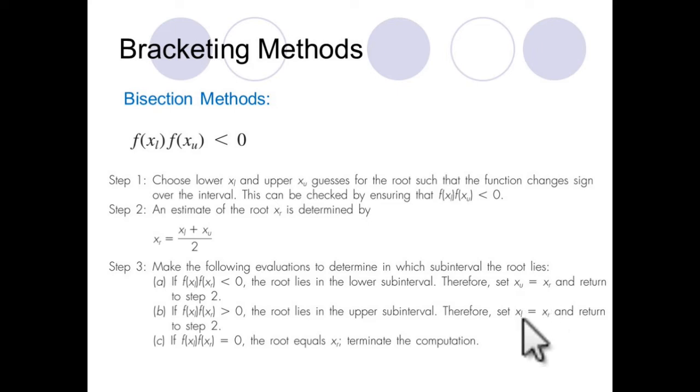So we set xl, the lower bound, as xr and go to step 2. So if f of xl times f of xr is equal to 0, this means that xr is the zero because it is near zero, and as a result xr is the root. So you find the root. This is the termination criteria.